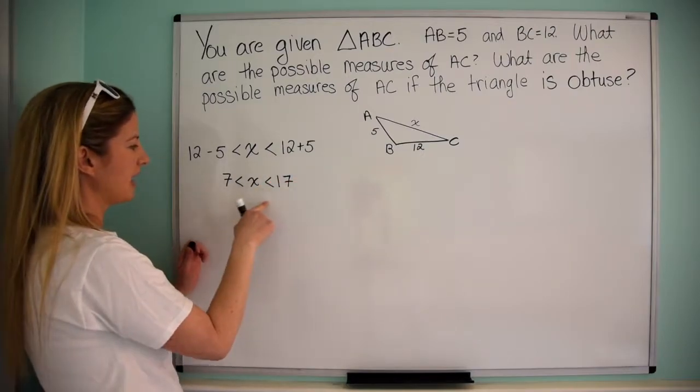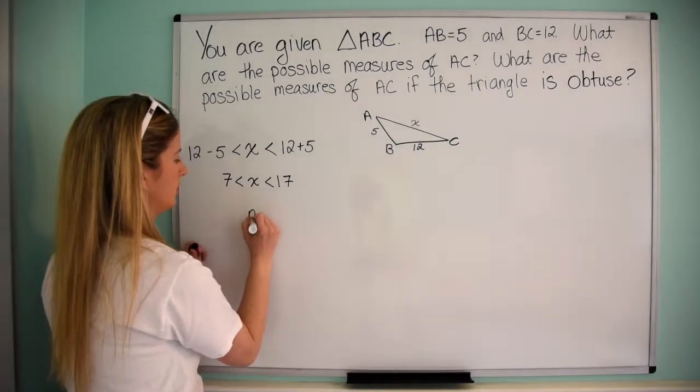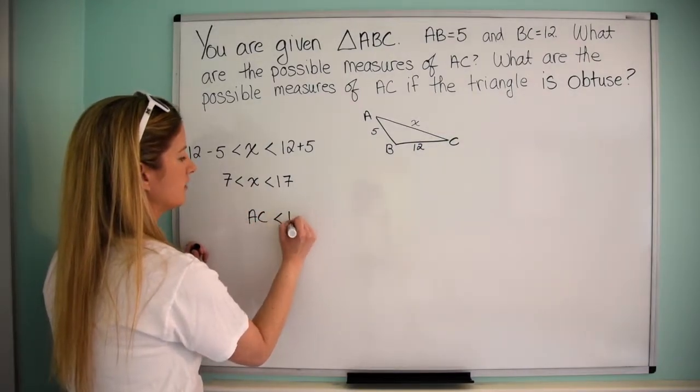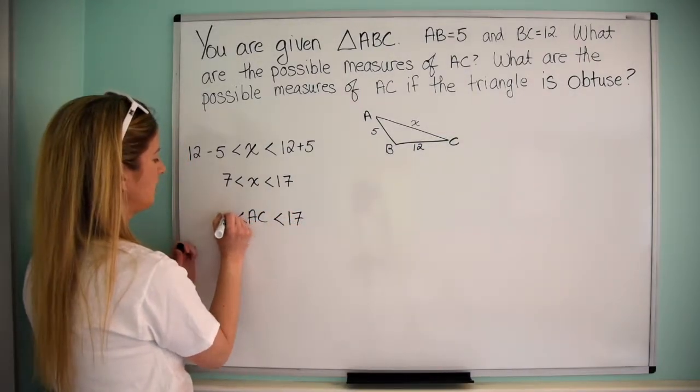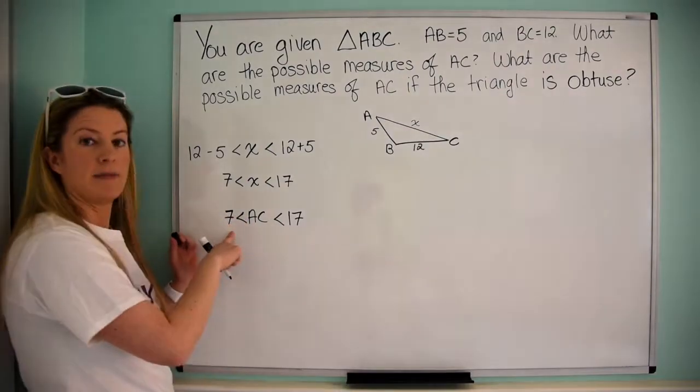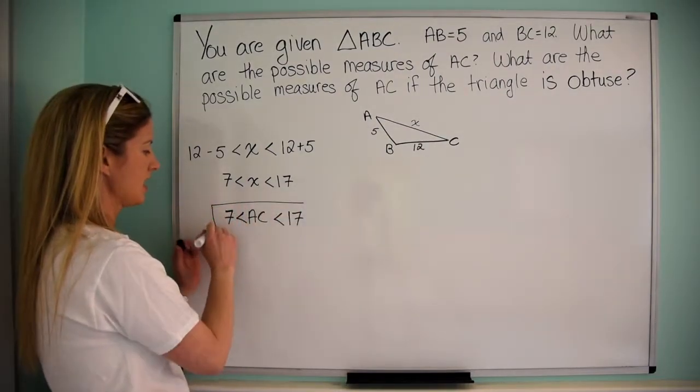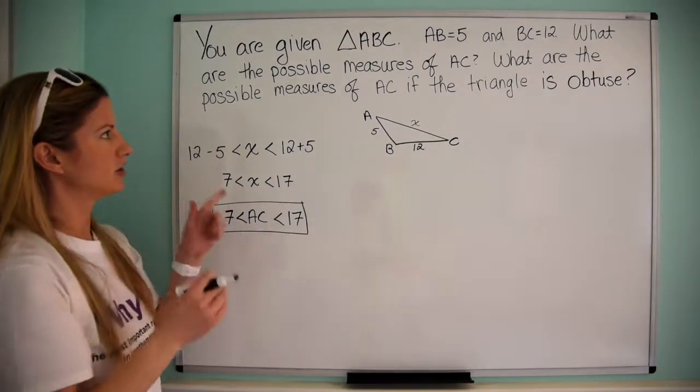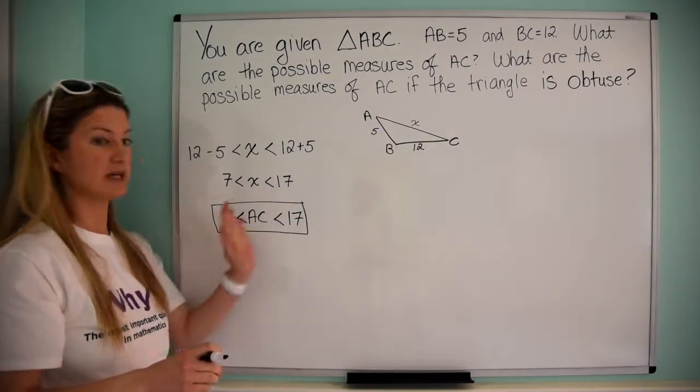Replacing X with AC, the measure of AC is going to be less than 17 but greater than 7. So these are the possible measures of AC, somewhere between 7 and 17.